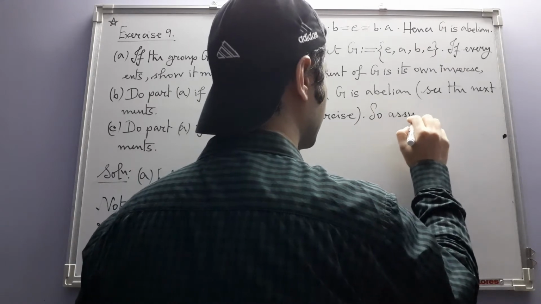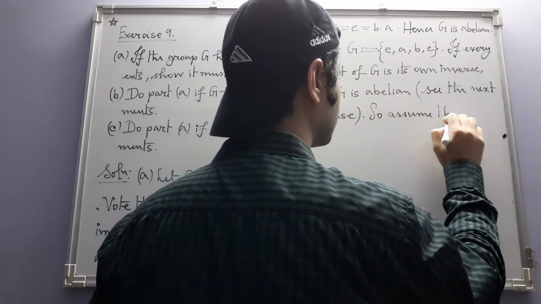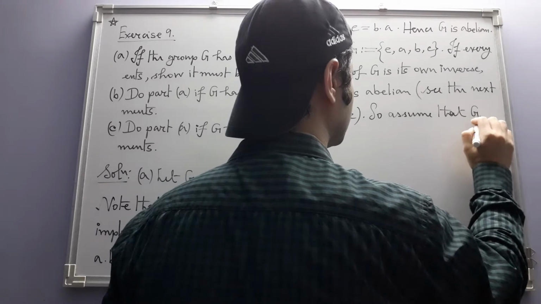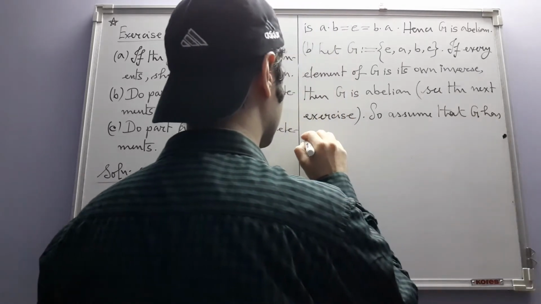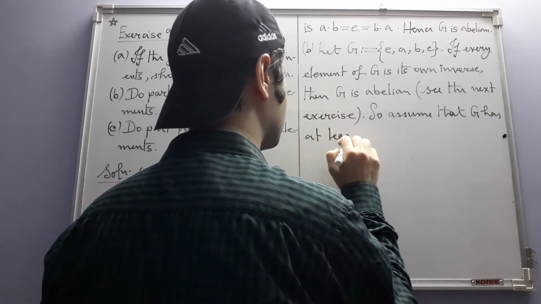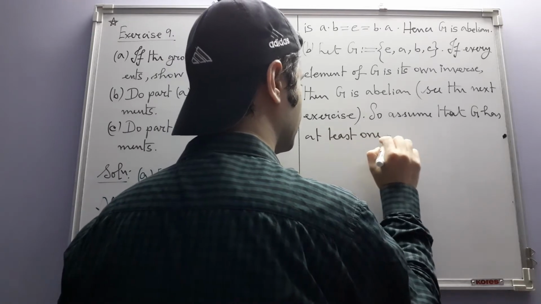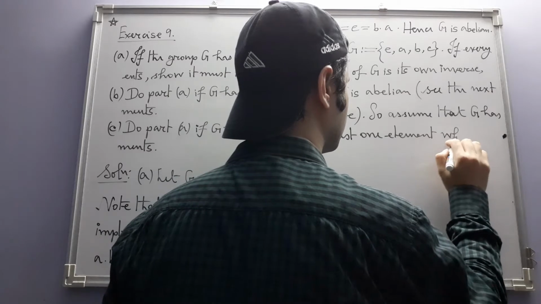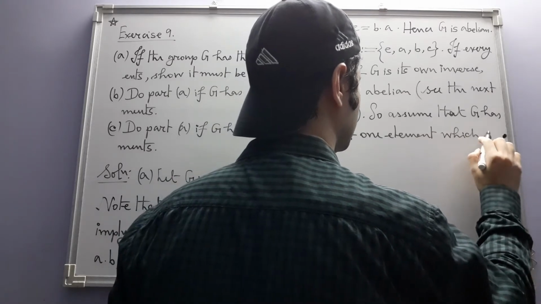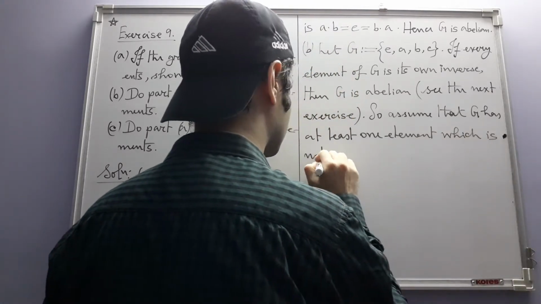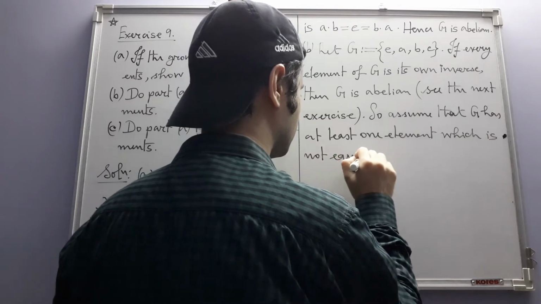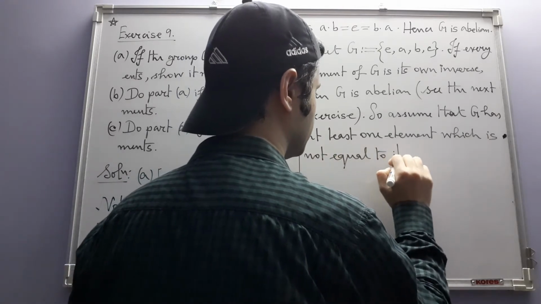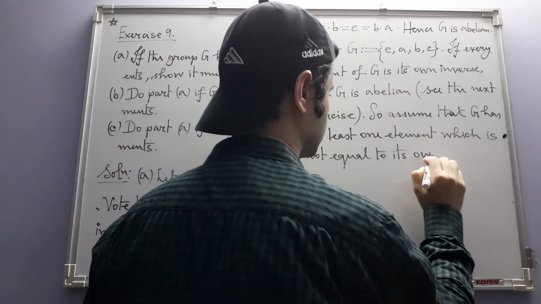So we now assume that G has at least one element which is not equal to its own inverse.